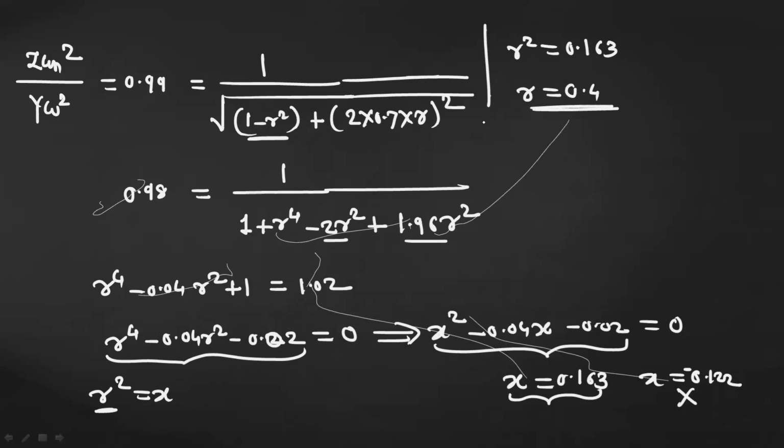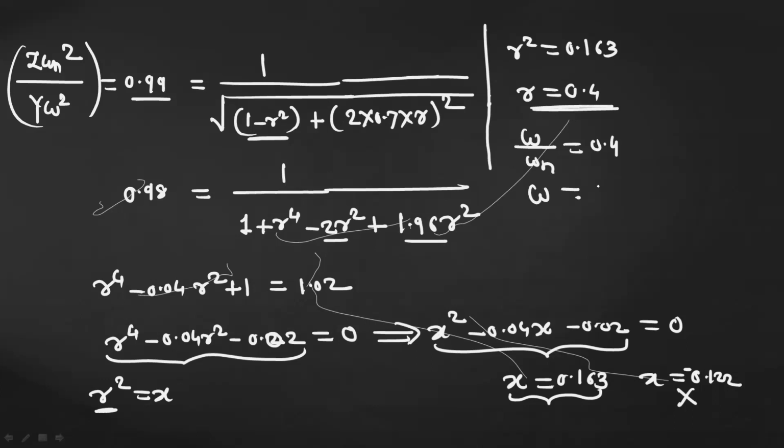Okay, so this is the frequency ratio when the error is minus 1%. That means this ratio is 0.99. So put the value of r as omega upon omega n, which is equal to 0.4. As omega n is known, omega n is 15 kilohertz.